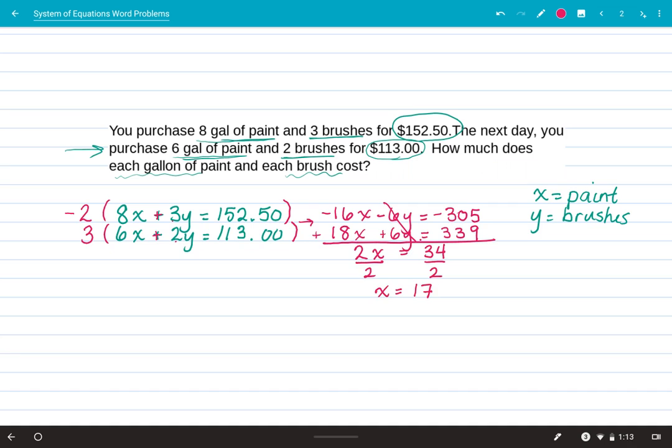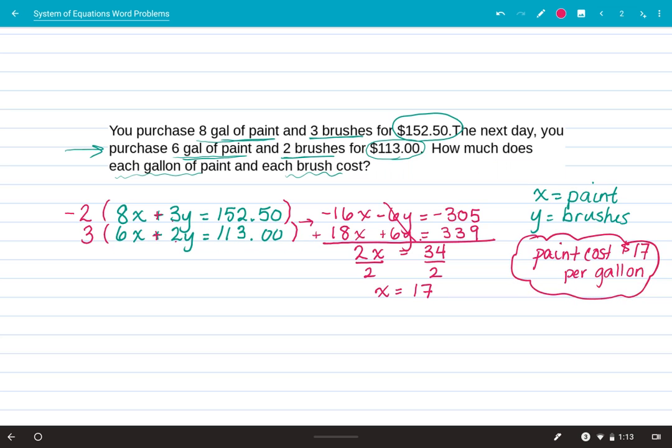Since we're talking about money, we're talking about the x, gallons of paint. So paint was our x. So our paint costs $17 per gallon. And we're writing that down. So per gallon.